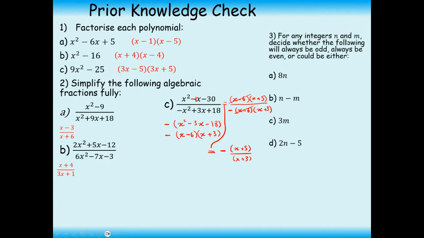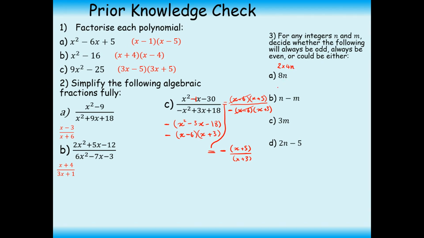Okay, so part 3 here, or question 3. Let's read the question. It's asking us to figure out whether this expression is odd or even or either. We don't know what parity n and m are. All we know is that 8 is an even number because 8 is 2 times 4.